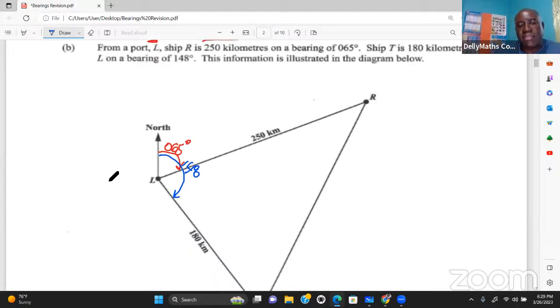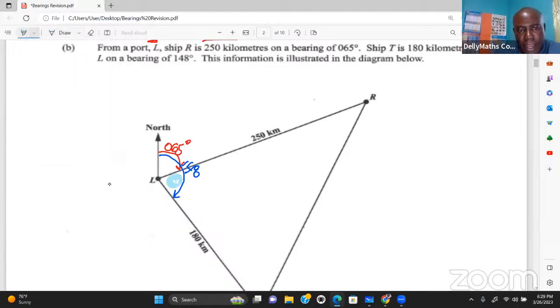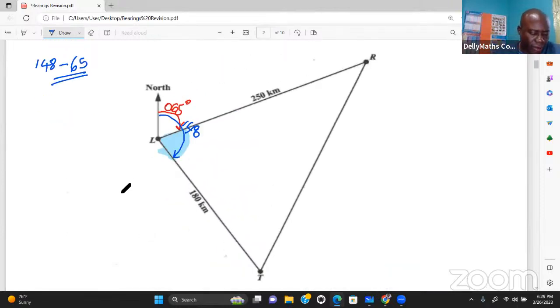Now, in order to get this angle that I'm going to shade with blue right here, this little piece that we want is going to be the difference between the two angles that we just have. So if I take 148 and then subtract the 65, then I'm going to find that angle RLT. So it's 148 and you're taking 65 from that.